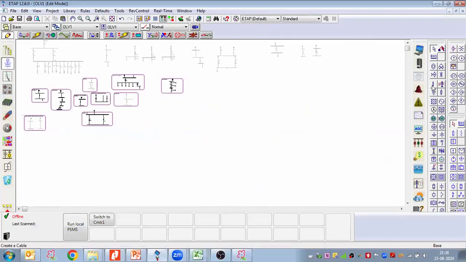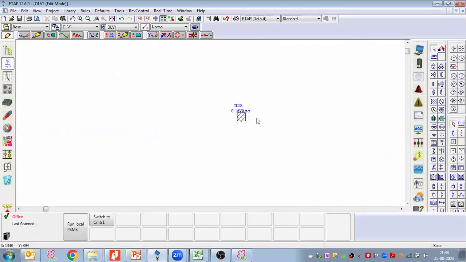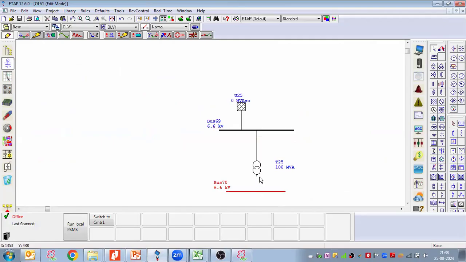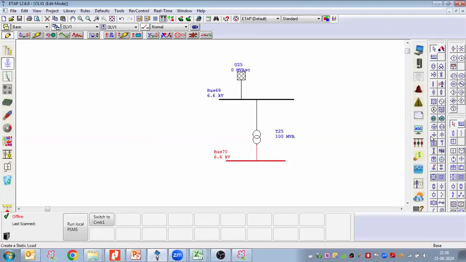And let us see. So we are taking a grid connected to the bus, and then from that bus taking a two-winding power transformer connecting to the bus which we are using for further distribution, and then connecting to a load, suppose here.